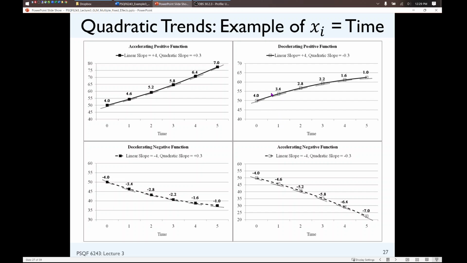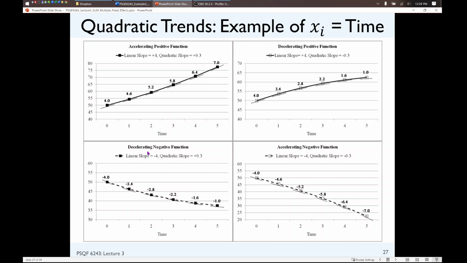So it goes from 4 down to 3.4, down to 2.8, and so on. So the overall pattern here, I would say, is a decelerating function. Yes, people are increasing in this outcome over time, but the extent to which that occurs is slowing down. So this would be like growth that levels off, so to speak, with additional learning or additional training.